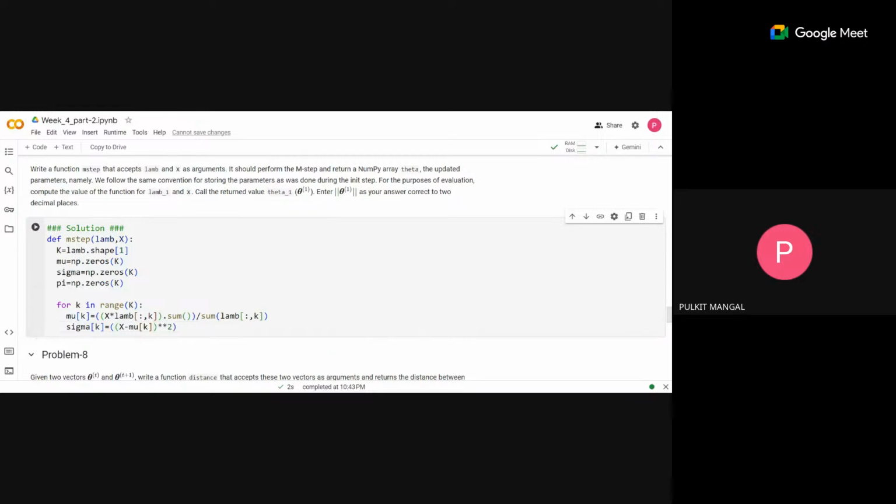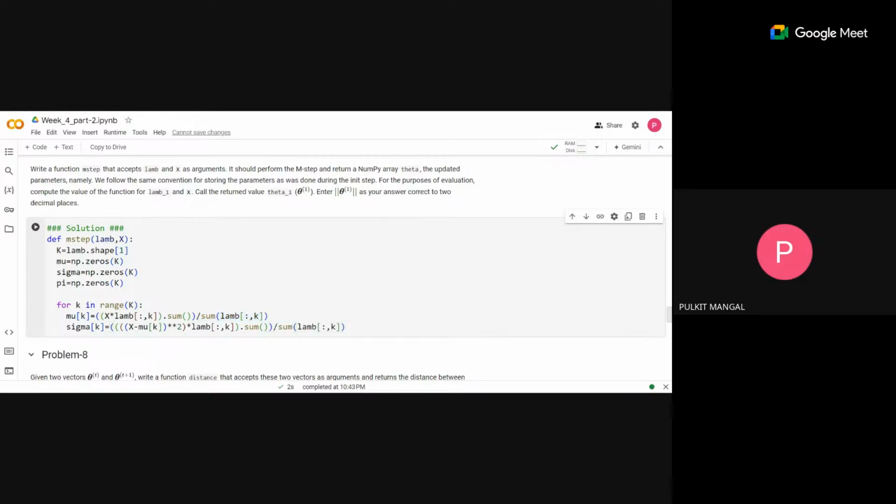And we will multiply it with the kth column, not ith. And whatever you will get, we'll just sum it, and divide it by this.